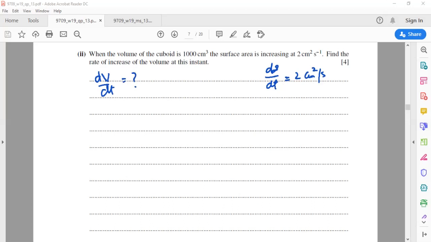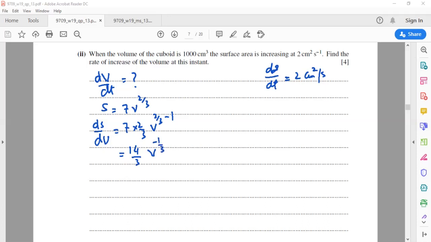We have the equation with us already. S is equal to 7V power 2 over 3. Let's find dS by dV. Now this is 7 into the derivative, 2 over 3 V power 2 over 3 minus 1. And this gives us 14 divided by 3 V power minus 1 over 3.